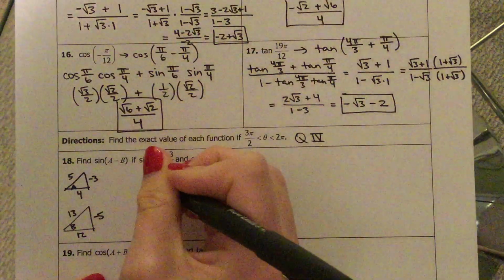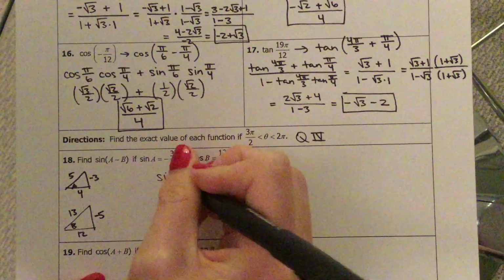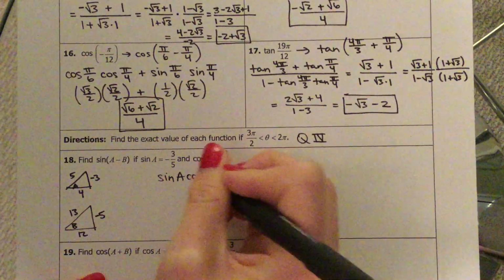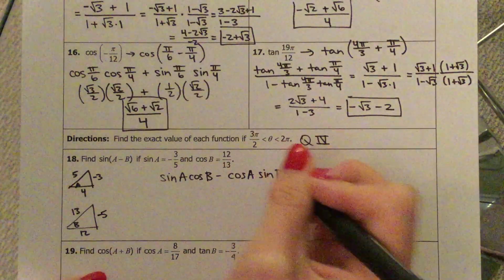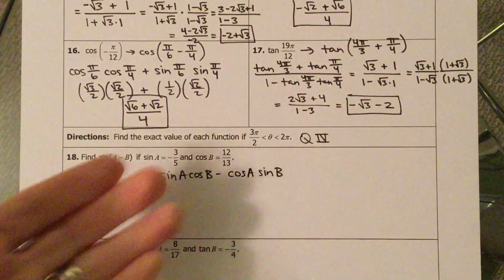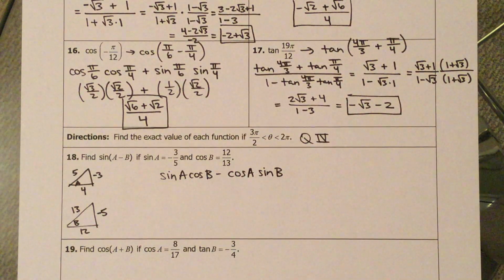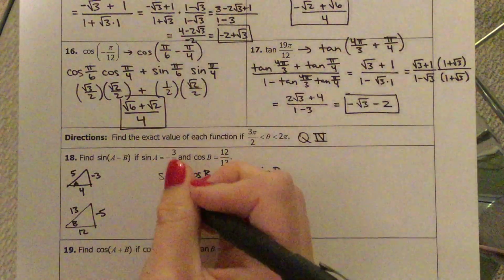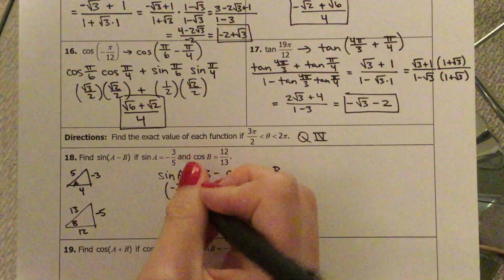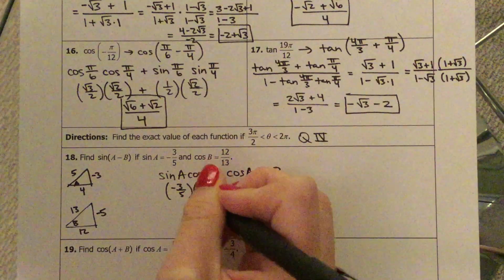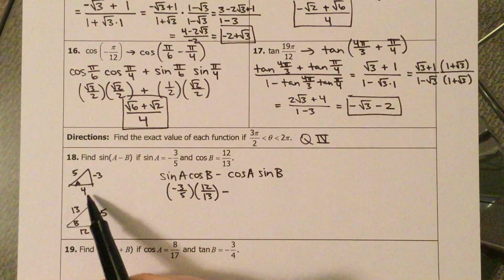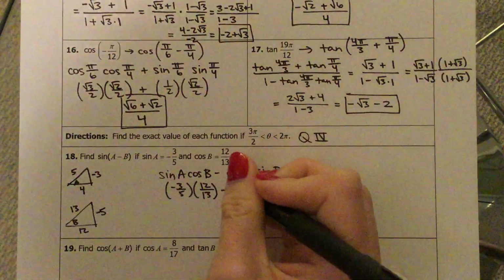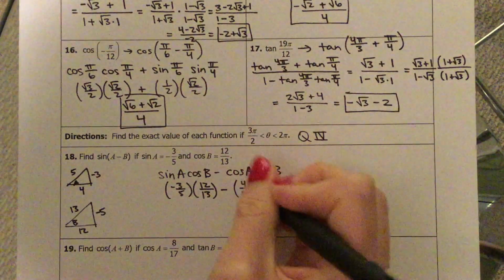So write down the formula. Sine of a minus b is sine a cosine b minus cosine a sine b. And then we just sub in the values, either the two that you're given or the ones that you can figure out based on those triangles. So sine a was given, cosine b was given, minus cosine a, which would be the adjacent over the hypotenuse, so 4 over 5.